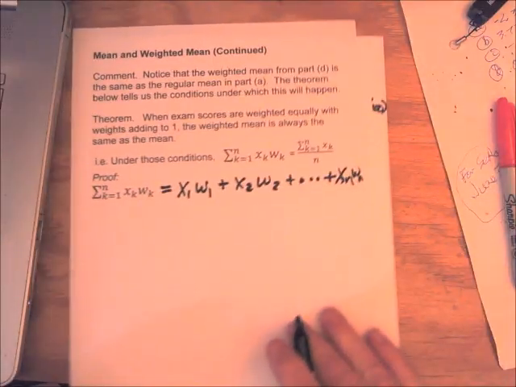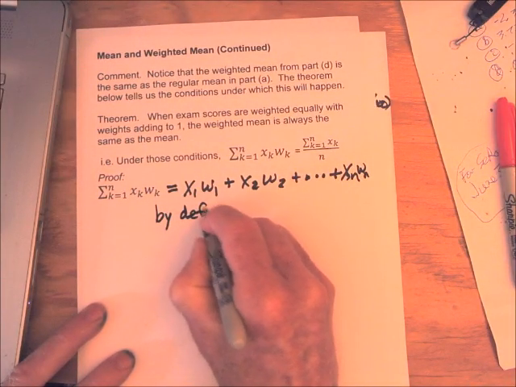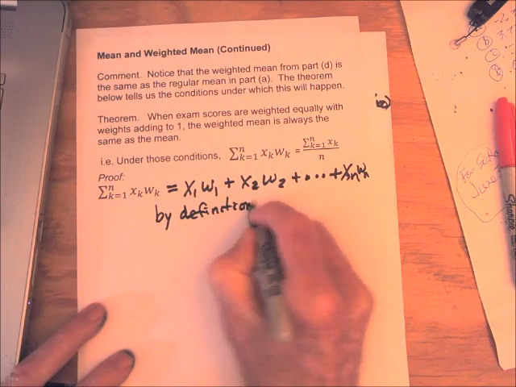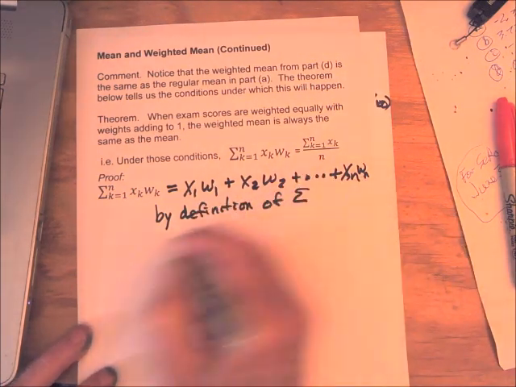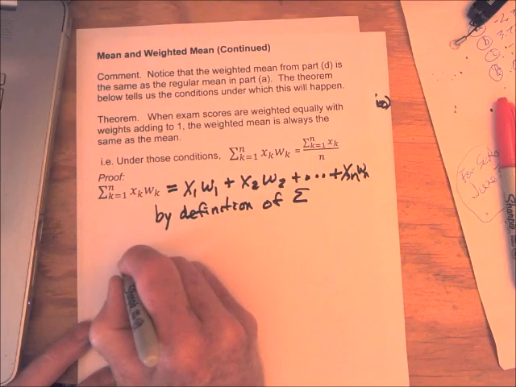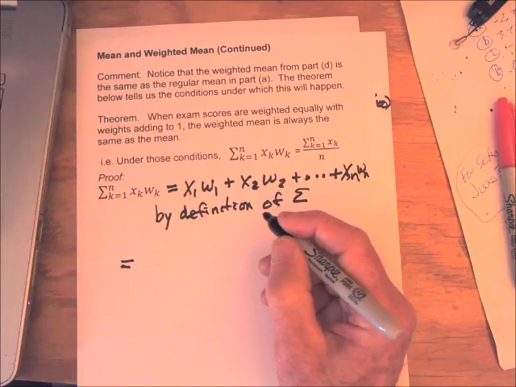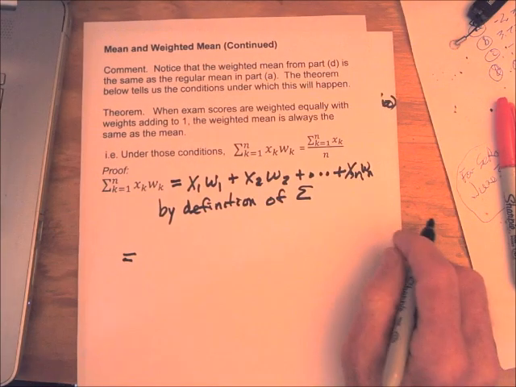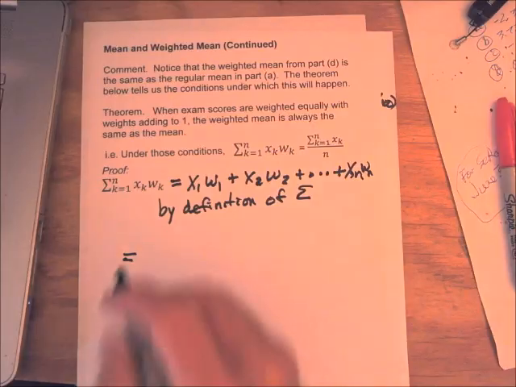And that's by definition of sigma. Sigma means sum. That's just what it means to be the sum. But if we have n exam scores and they're all weighted equally, then each weight is going to be 1 over n.